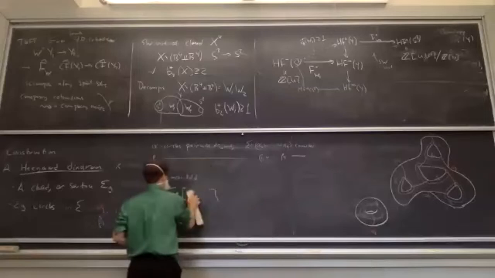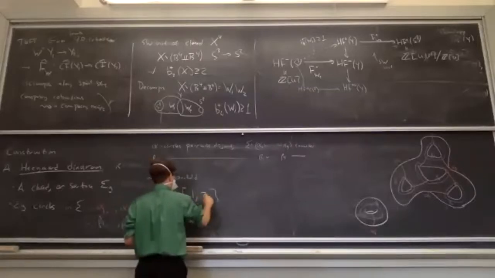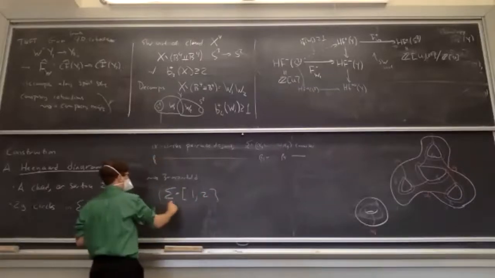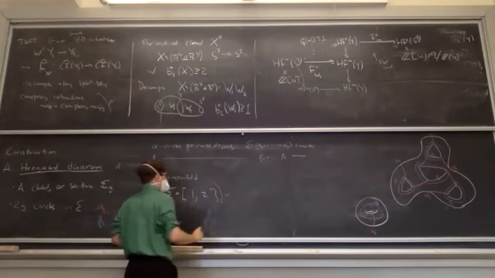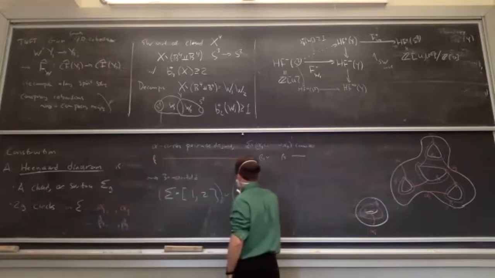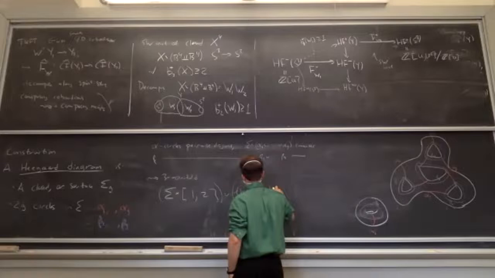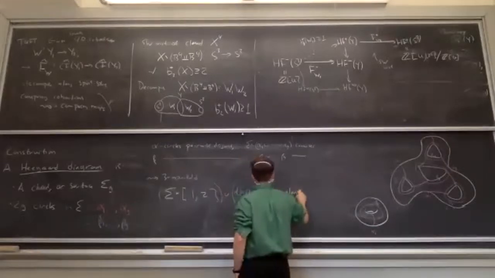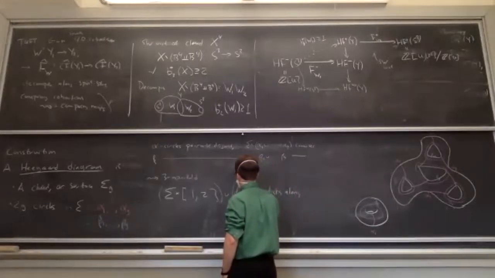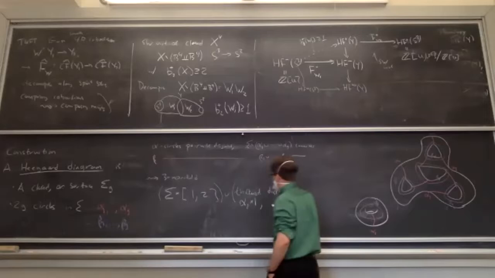Sorry, sigma across the interval 1, 2. And then you glue on thickened disks along each alpha i cross 1 and each beta i cross 2.